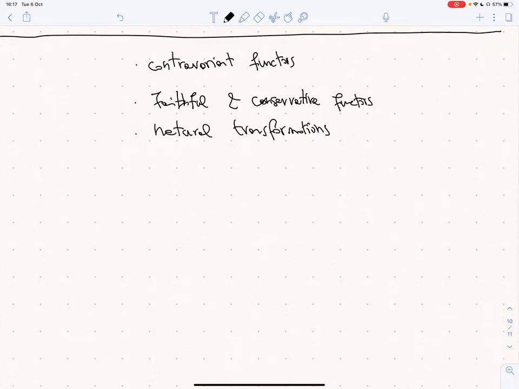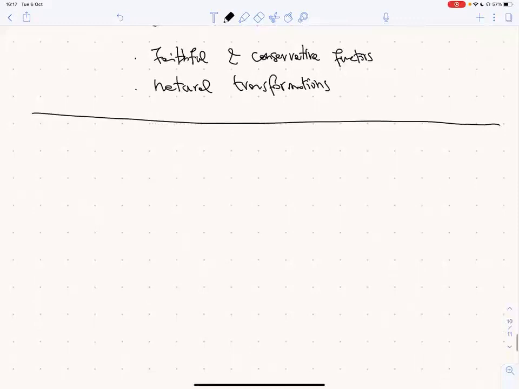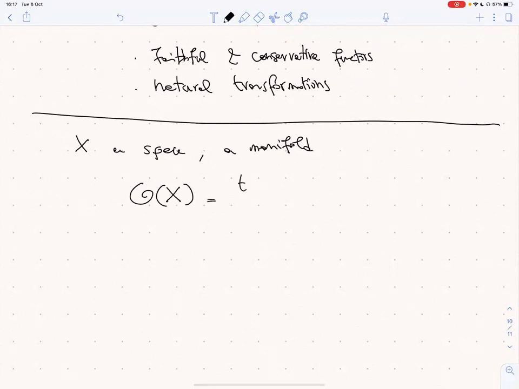So let's make a very well-known example. For example, take X a space, okay, maybe a manifold, because we want to work in a very regular world. And then we have defined together the category O of X, and this is the category of opens.